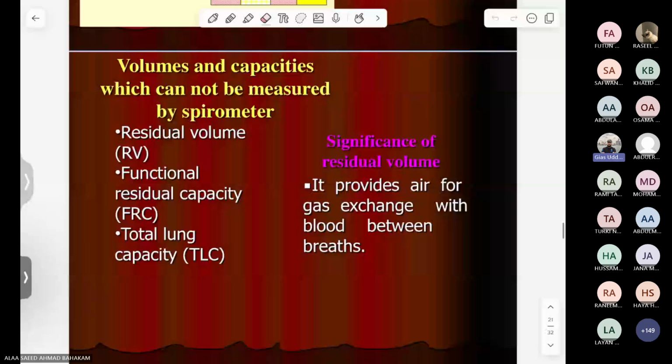So as we are breathing in and breathing out, there is always some air inside our alveoli that is doing the gas exchange between the alveoli and the capillaries. Is it okay? Is it clear?